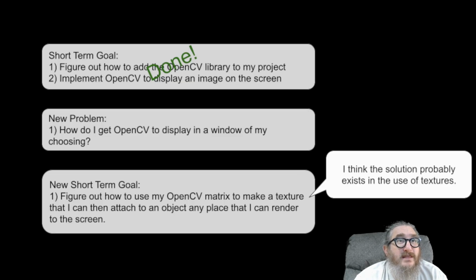So I'm going to try that. So that means I need to learn a little bit about textures and a little bit more about the rendering system for Hazel. So those are going to be a couple of the things that I'm working on for the next episode of Brain Playground. That might take me a while to figure out because it's pretty complicated.